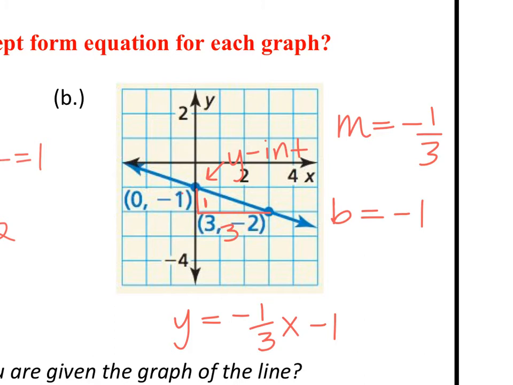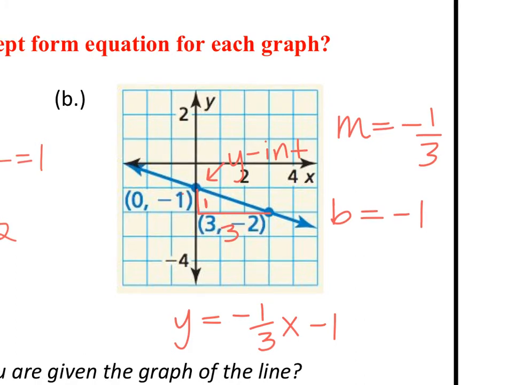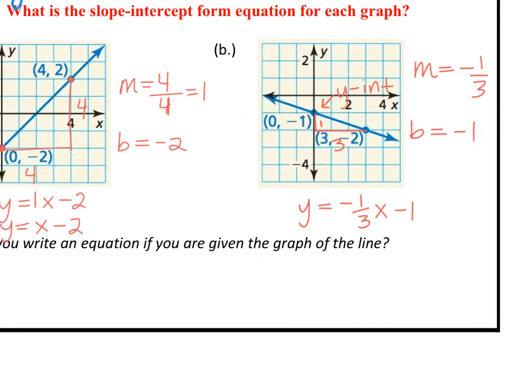So at the bottom of the page, could you please explain how do you write an equation if you are given the graph of a line? You can put it in your own words. I'll write some stuff on the board, but it's your work. And whatever makes sense to you should be what you write.